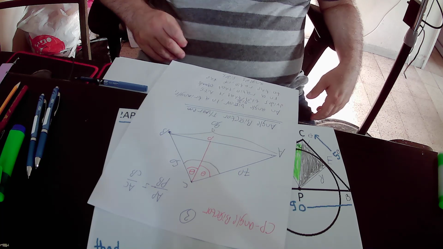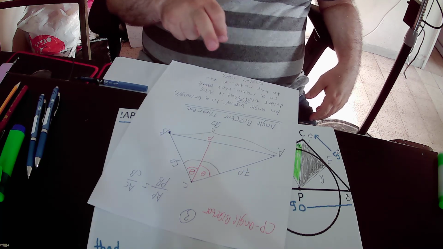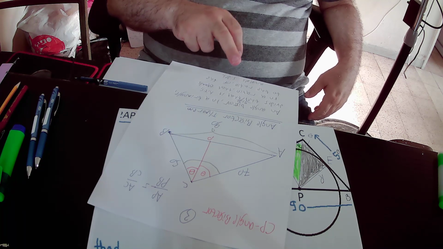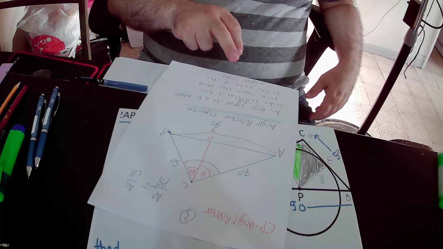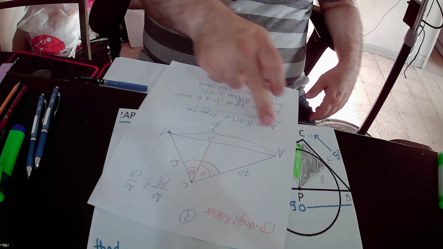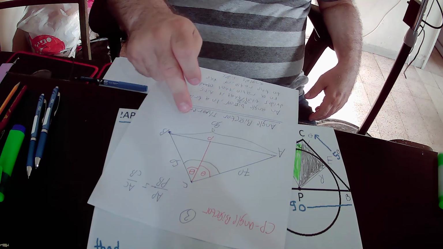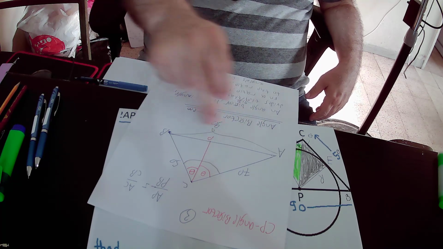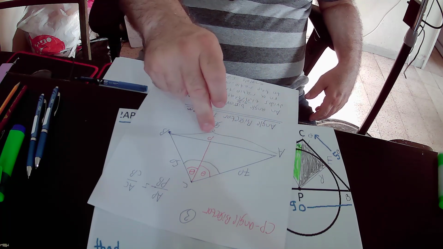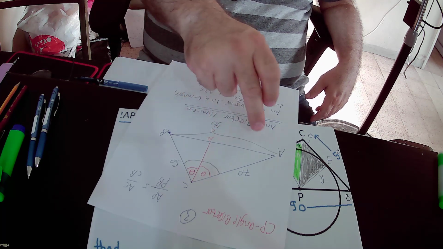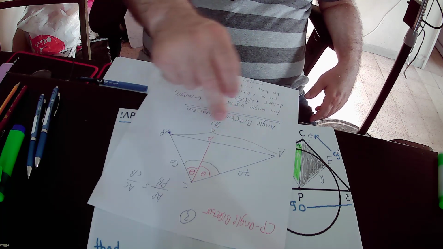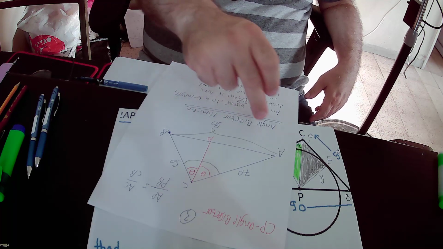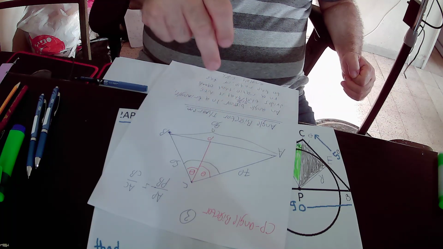Again, angle bisector CP in triangle ABC divides side AB at point P into two parts, AP and PB, and the ratio between those two parts is AP over PB.